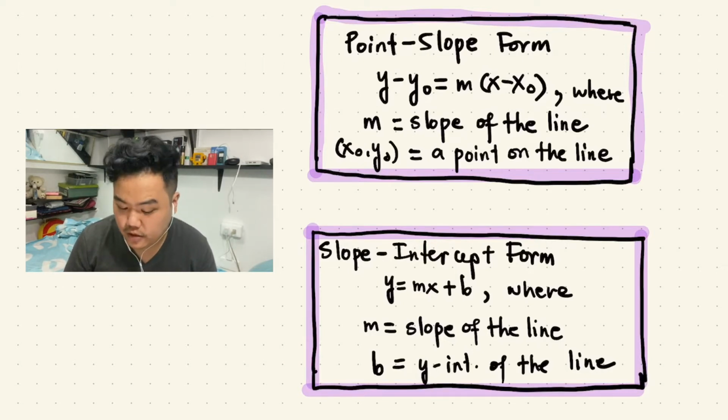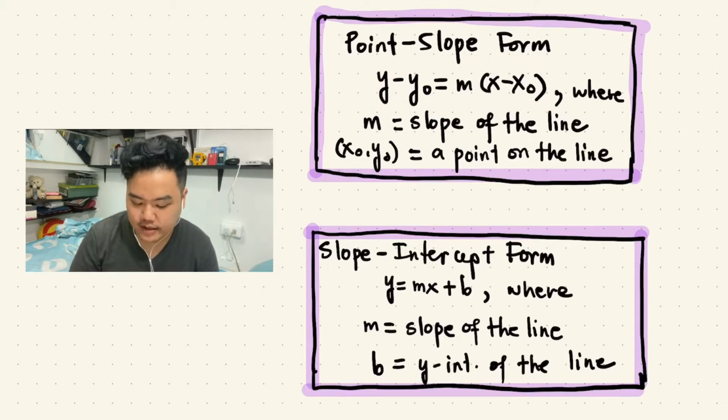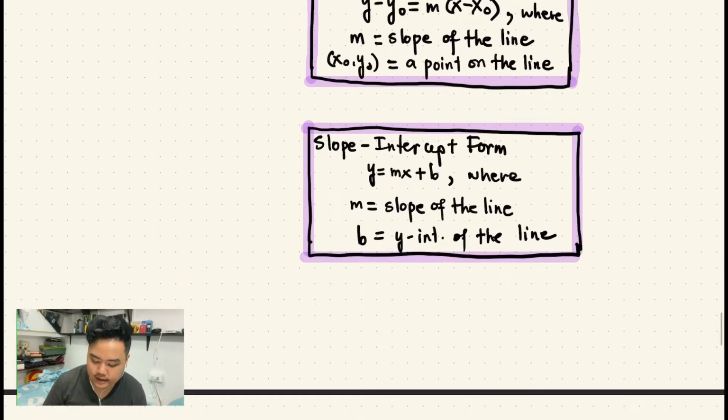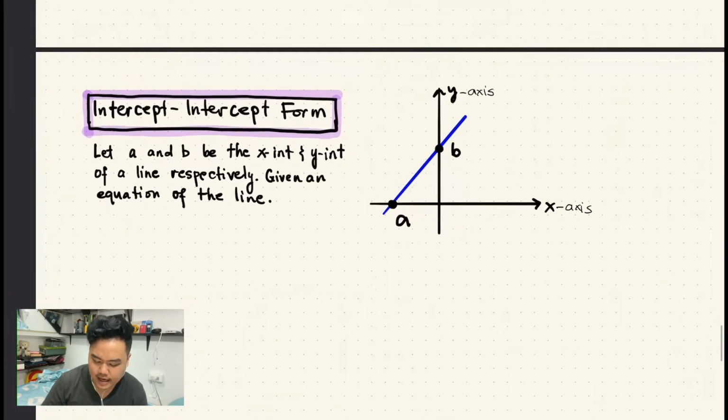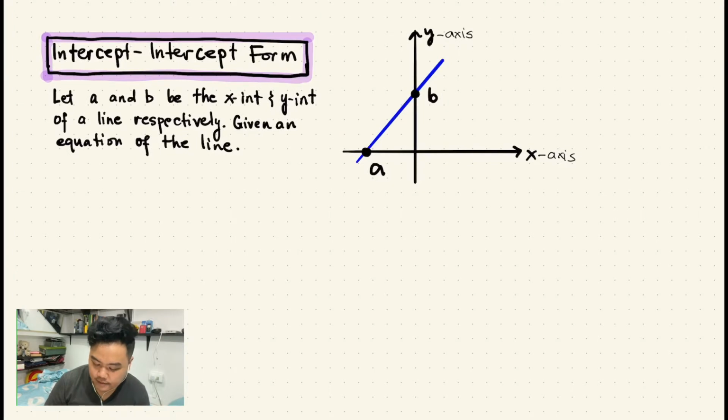For the point-slope, kailangan natin ng slope at saka ng point to get the equation of the line. And for the slope-intercept, we need the slope of the line and the y-intercept.